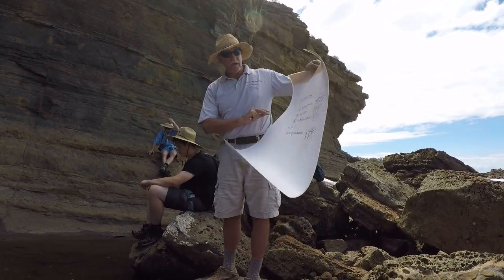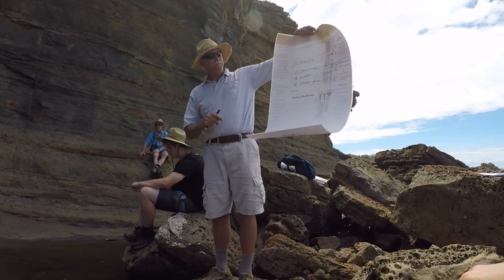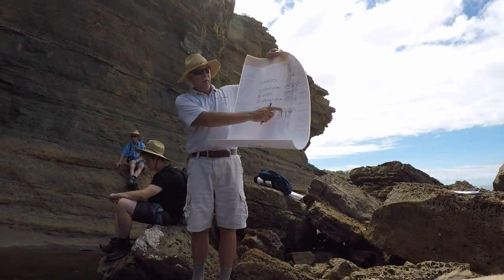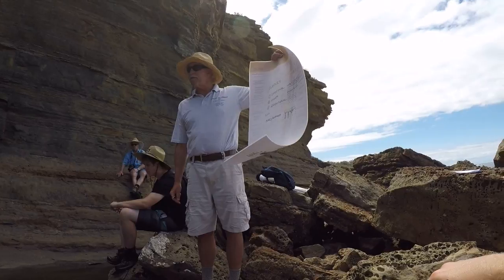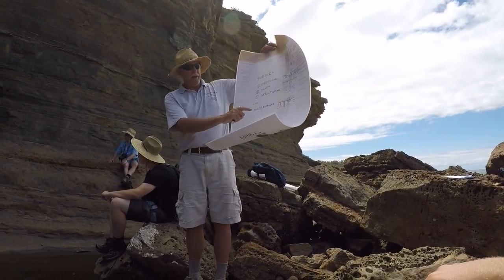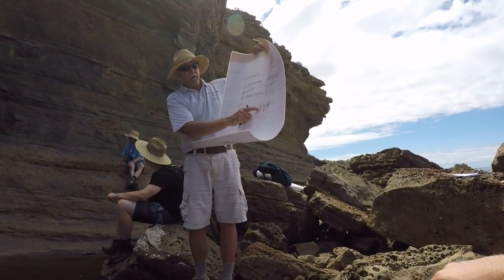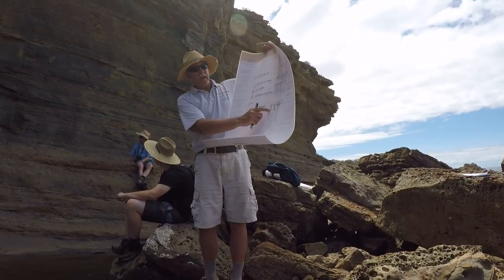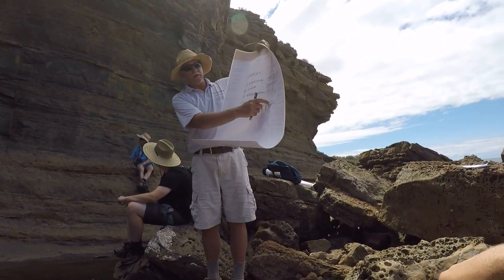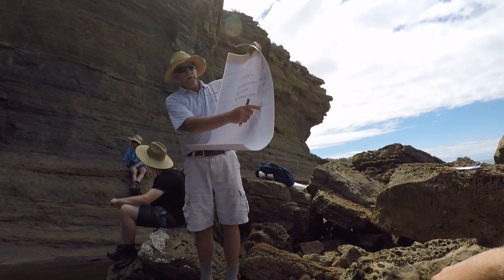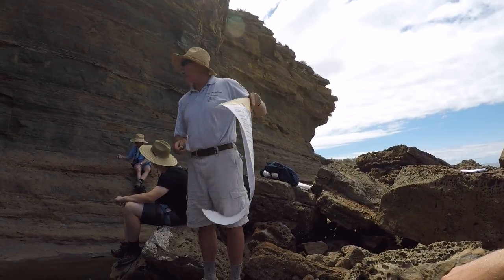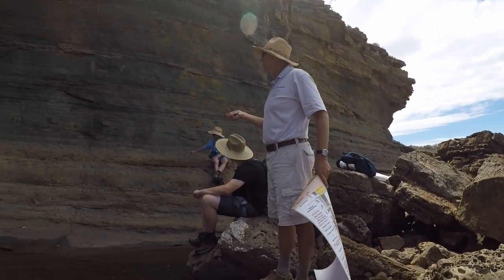And you can see also that when we look a little bit today, you'll also find that there are burrowed surfaces. And they can be quite important because you'll see that they'll be juxtaposing one type of sediment over another with a lot of burrowing across the boundary. Now, look at this stuff in here.